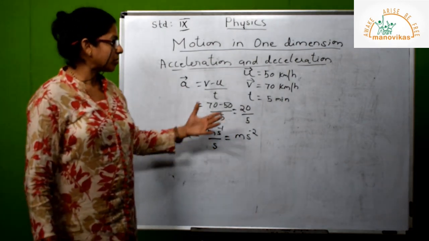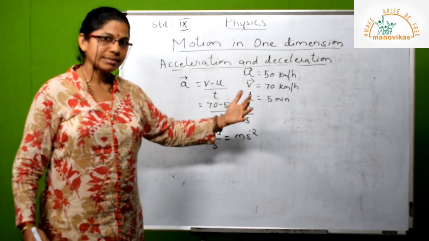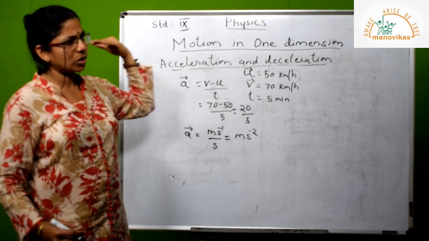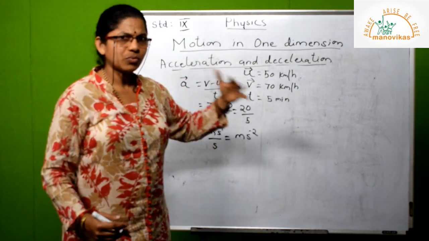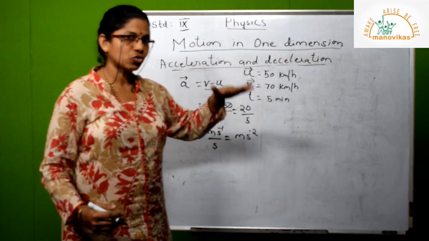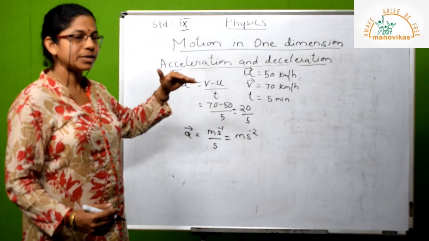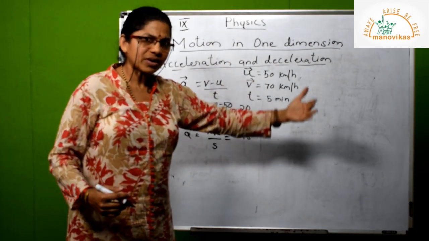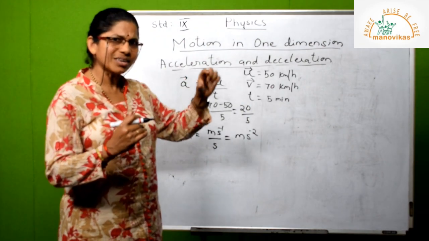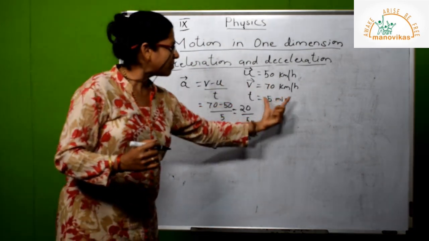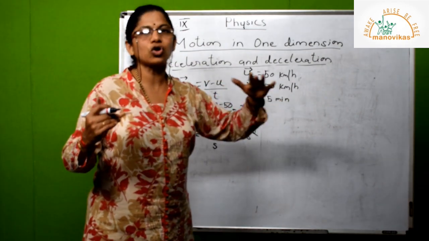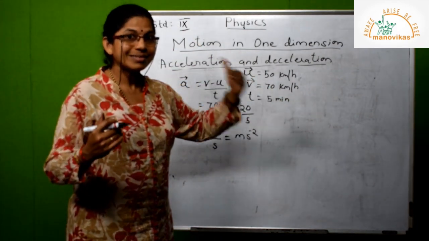Now suppose instead of velocity increasing, the object's velocity is decreasing. A car which is already traveling at a speed of 120 kilometers per hour suddenly applies brakes. So its initial velocity will be different from the final velocity. If you take the difference, you get a negative sign. After applying brakes, the car is stopping, so the final velocity is 0.